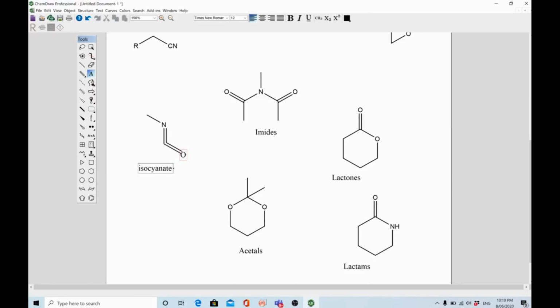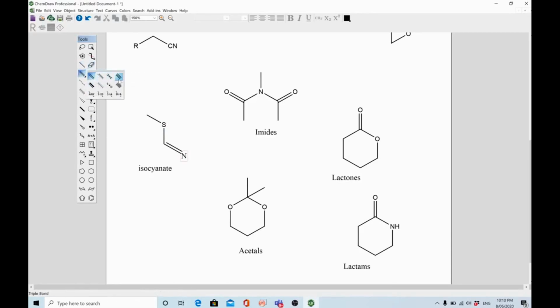Isocyanate, if there is sulfur and a triple bond there, then they become thiocyanate. If I remove this oxygen and put sulfur there and remove this double bond from here.